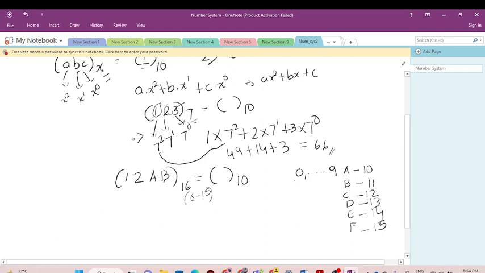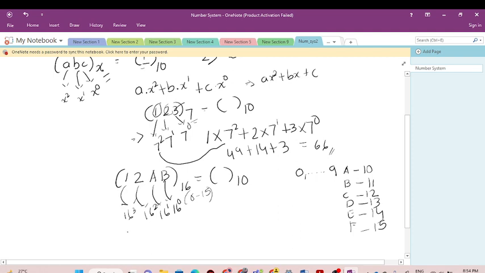Now write the weights. This will be 16 raised to 0, this will be 16 raised to 1, this will be 16 raised to 2, and this will be 16 raised to 3. It's simple.